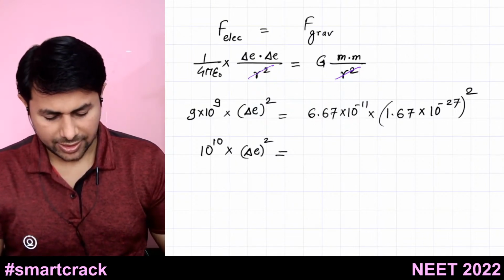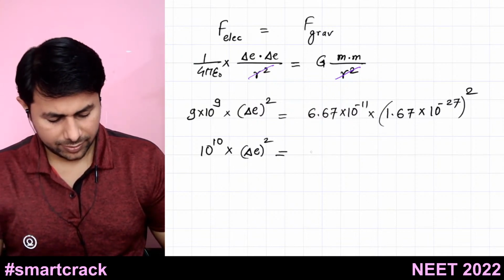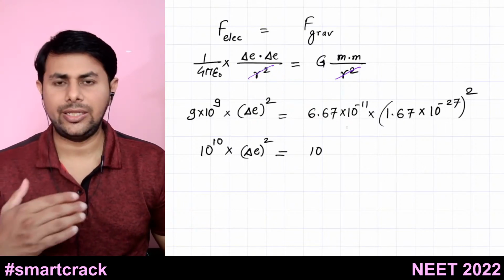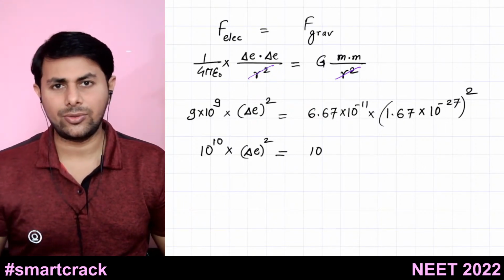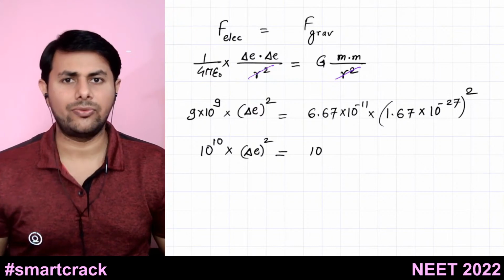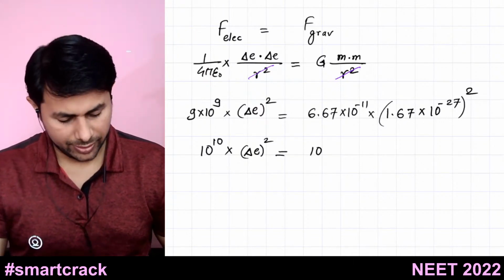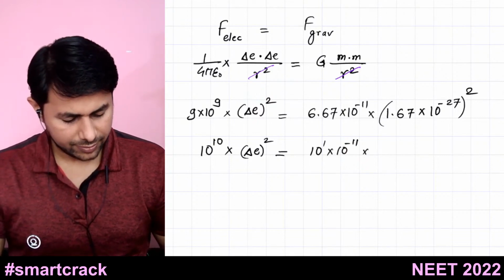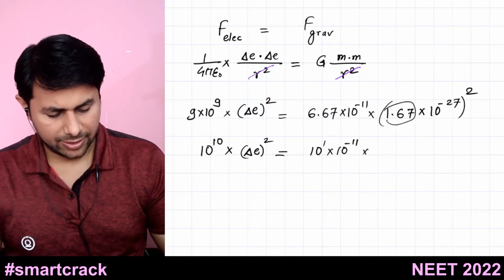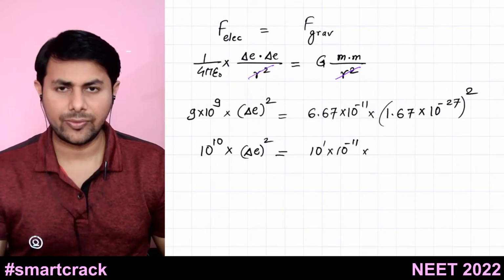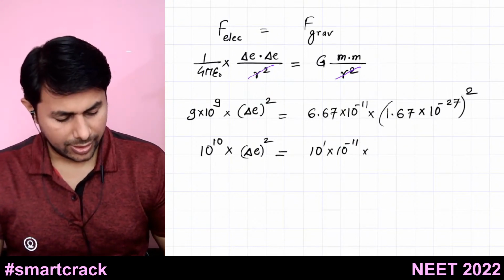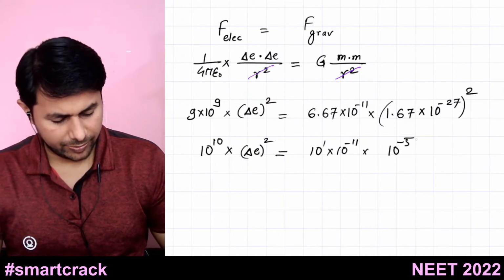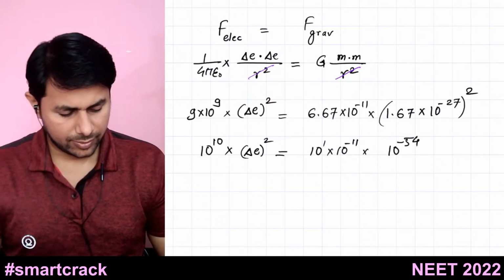This 6.67 is approximately 10. We want the order of magnitude only, right? So anything above 5 we approximate to 10, anything below 5 we approximate to 1. So it is 10 raised to 1 multiplied by 10 raised to minus 11, multiplied by 1.67, which we approximate by 1. So we have 10 raised to minus 27 square, which is 10 raised to minus 54.